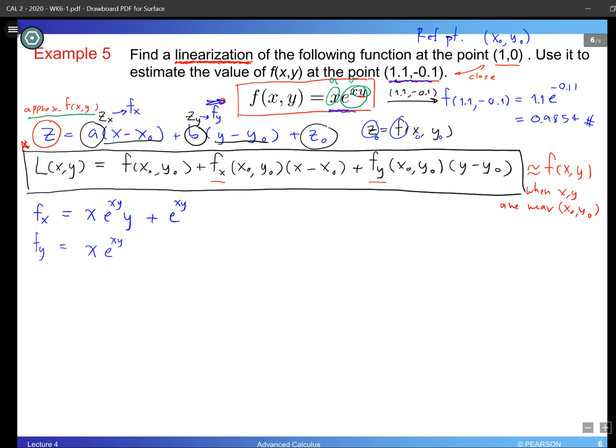To diff the power up here with respect to y, I get another x. That's why I have this square right here. Okay, so this is fx and fy. So the next thing, let's find these values at x0 and y0, which we already know is 1, 0.